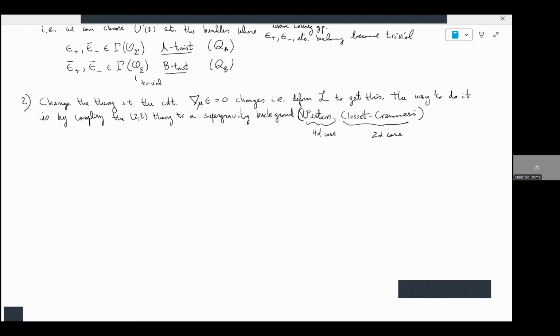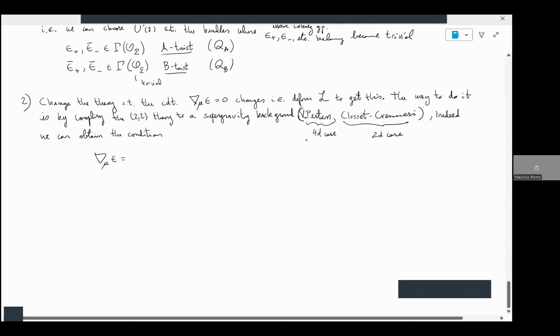What you can do is that we can deform the condition to something of this form. This is a gamma matrix, gamma mu, and this is the Dirac operator.